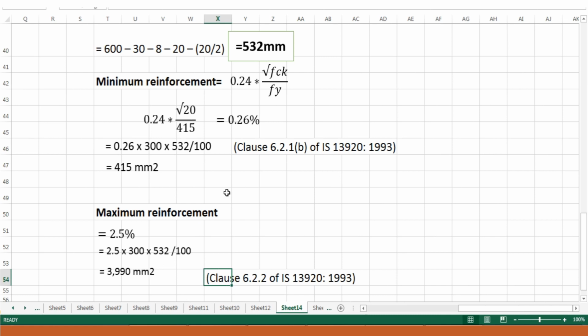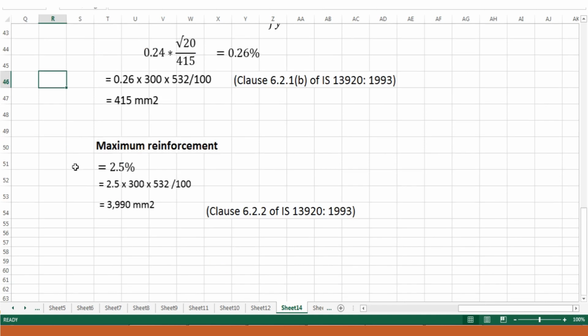Further, the spacing between the reinforcement is also a criterion which decides the minimum reinforcement that is to be provided.